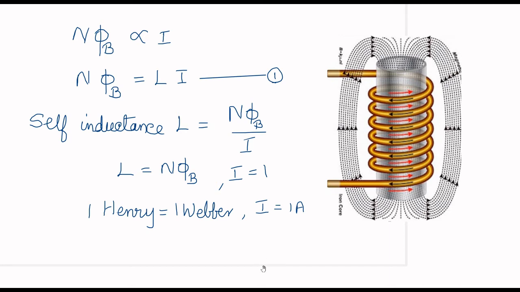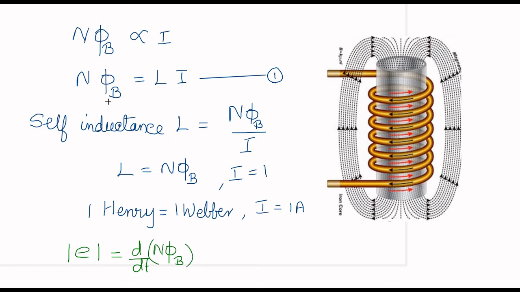Now the same equation we can write in a different form. We know n phi b is Li. According to the laws of electromagnetic induction, magnitude of induced EMF is equal to rate of change of magnetic flux linked with the coil. That is n times phi b.